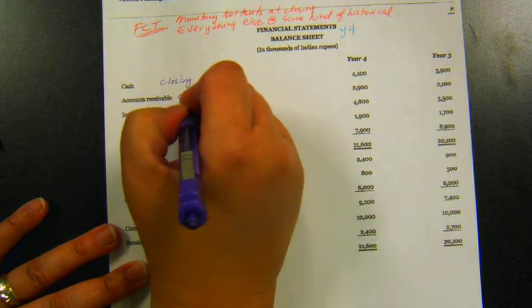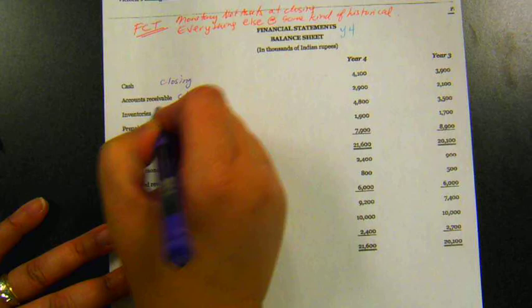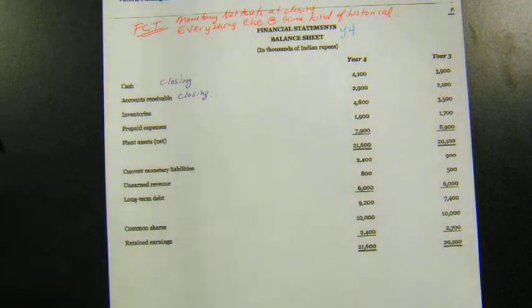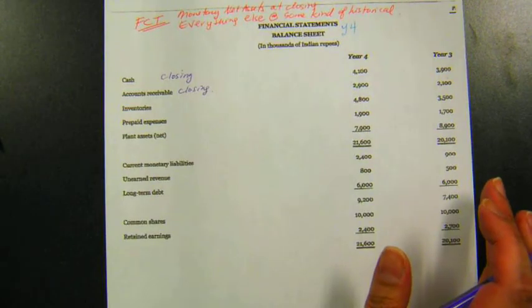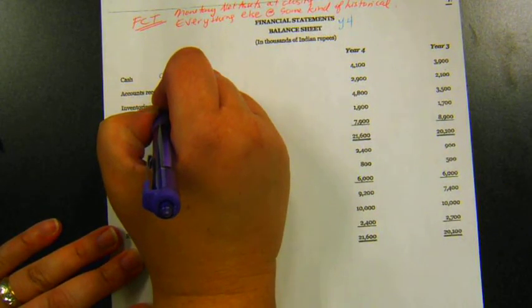Closing. Okay, inventories is monetary too, isn't it? No, why not? We sell inventory, we get money. Why isn't it? There's no right, okay? You can't force the people. Good if you were in some kind of cartel somewhere else, but not here. So inventories are going to be historical.